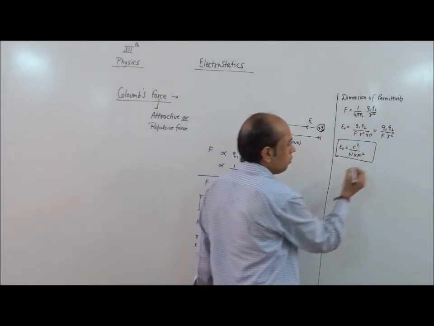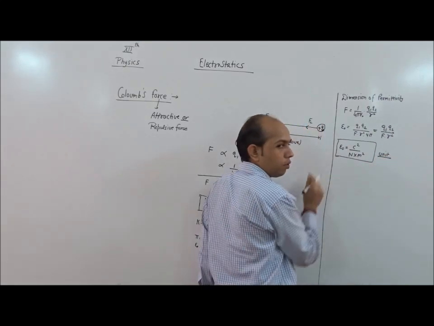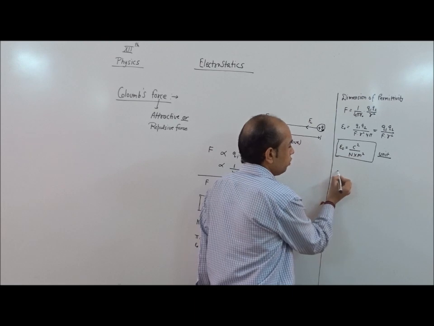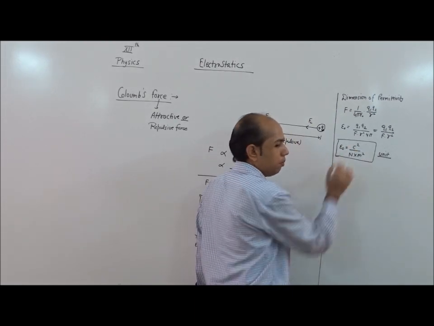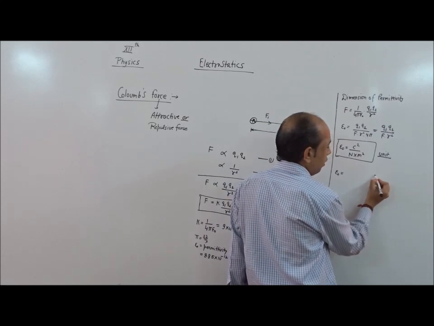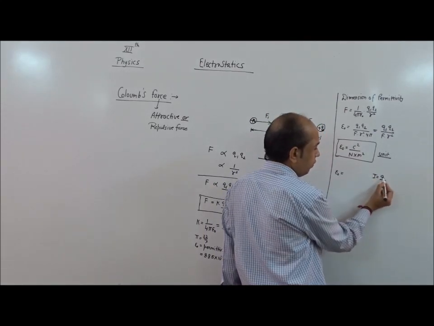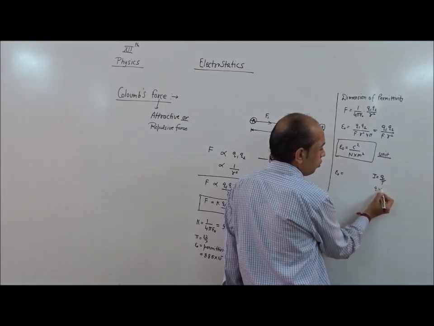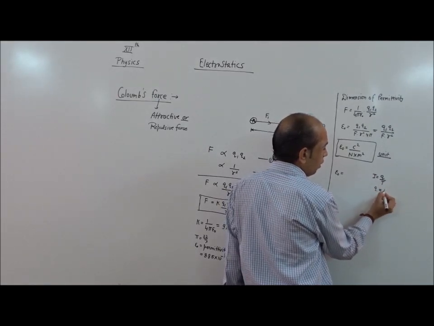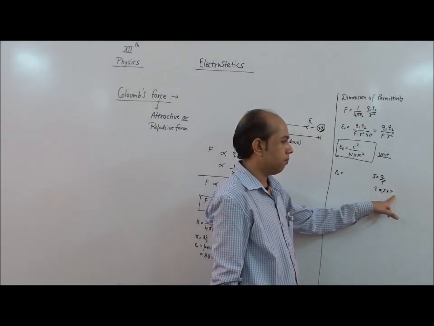Now we come to dimension. In order to get the dimension, we put the values. As we know, electric current I is equal to q by t. So q is equal to I into t, that is electric current into time.